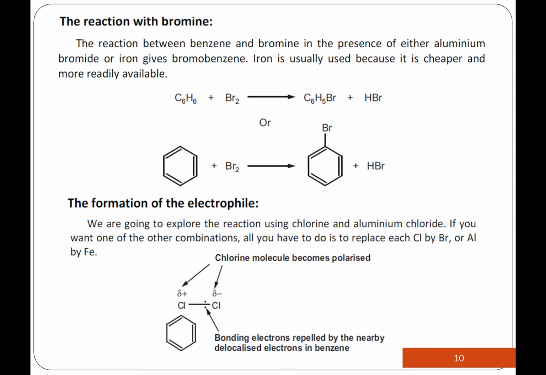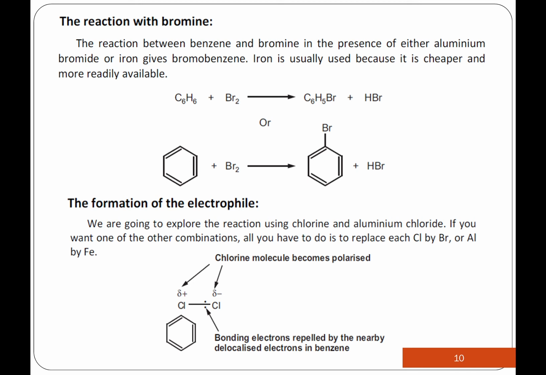When the chlorine molecule approaches the benzene ring, the pi cloud, which is in the vicinity of this approaching molecule, pushes the electron pair of chlorine towards a distance. So one chlorine gets more of these electrons, becomes partially negatively charged, and the chlorine which is facing the benzene becomes partially positive, and then they break into chloronium and chloride.